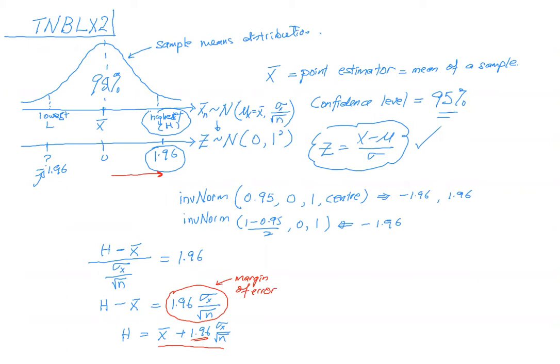So this goes down, so you use minus. If I go by the formula, the lowest minus my sample mean divided by the standard deviation of the sample mean distribution will be equal to negative 1.96. So your lowest possible will be the sample mean minus 1.96 standard deviation.